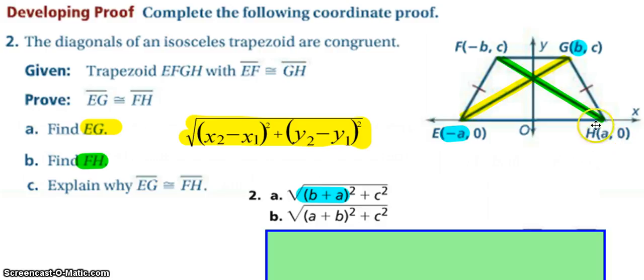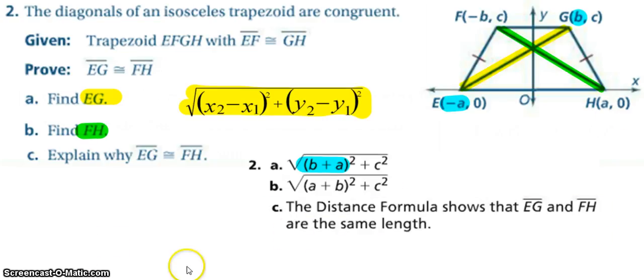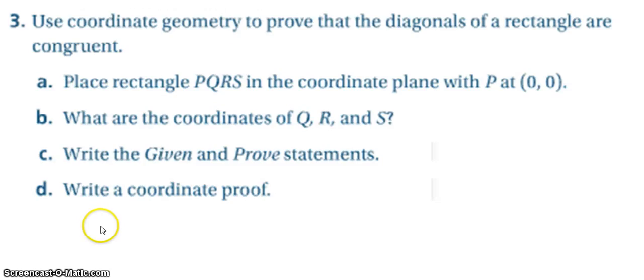Same thing for a minus negative b, that's how we get a plus b squared, and then same rule for c, c minus 0 is just c squared. Then for part C, the distance formula showed us that we have equal lengths, so that then tells me that EG is congruent to FH. Go ahead and try number 3 on your own, pause the video, and then come back just to verify once you are done.